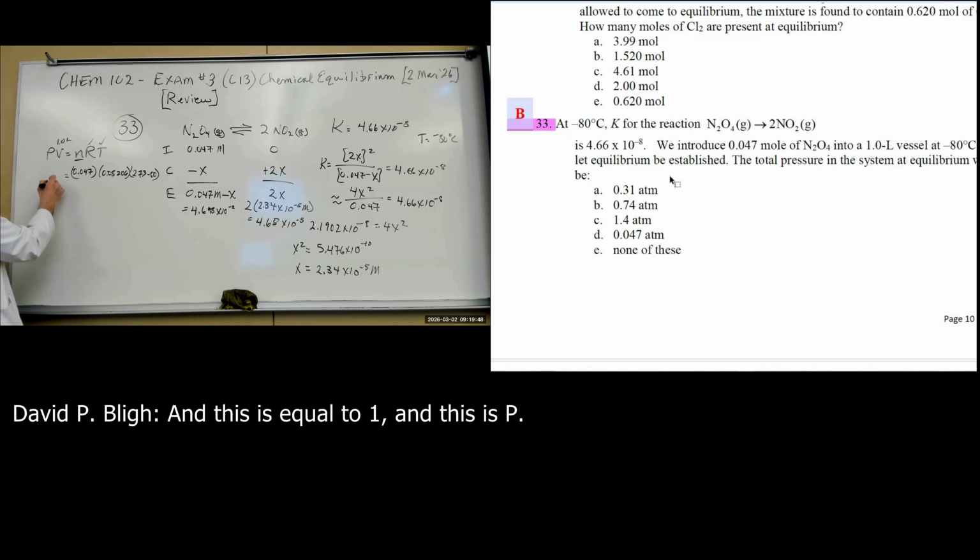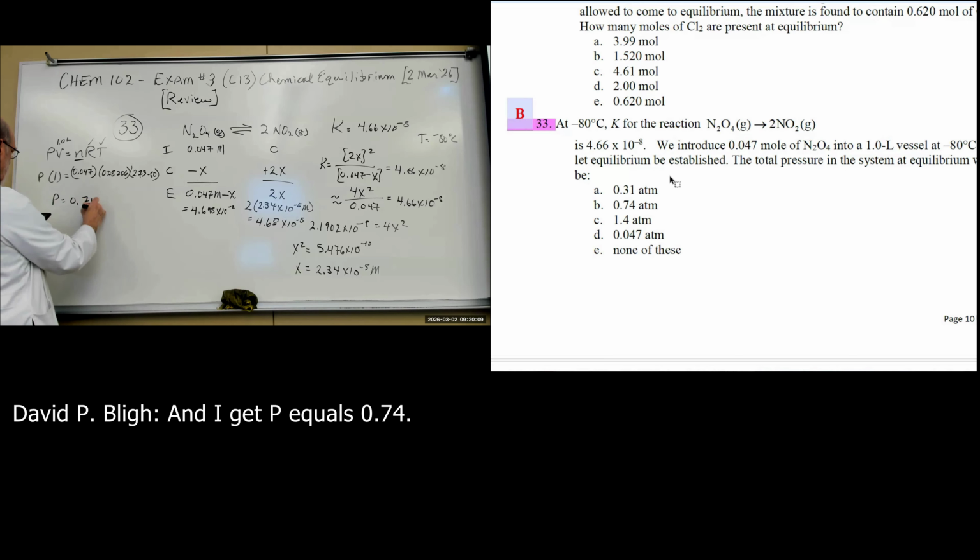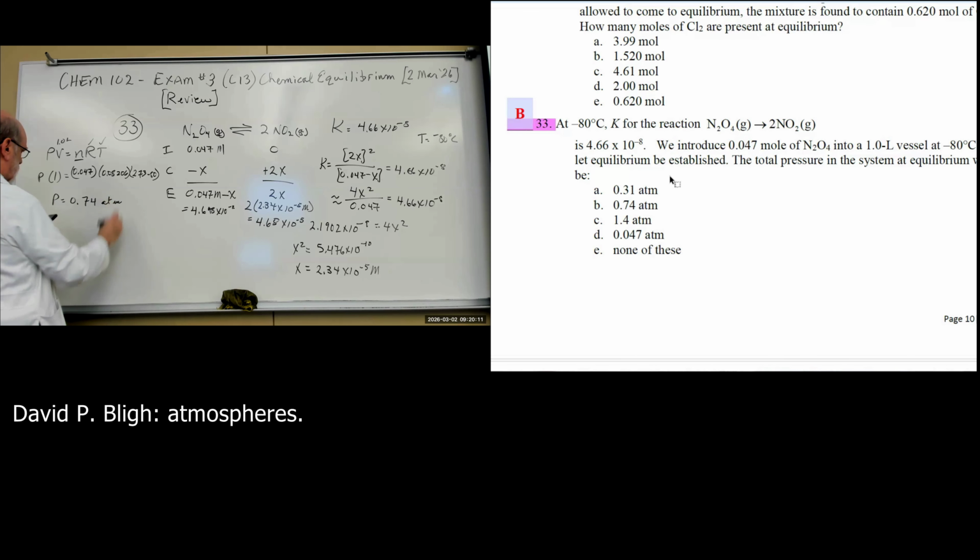And this is equal to 1, and this is P. So P is equal to 0.047 times 0.08206 times 273 minus 80. And I get P equals 0.74 atmospheres.